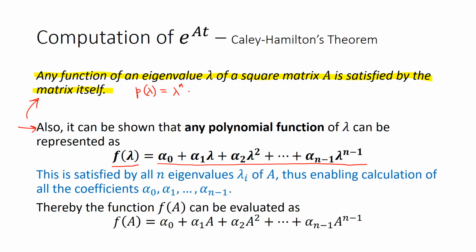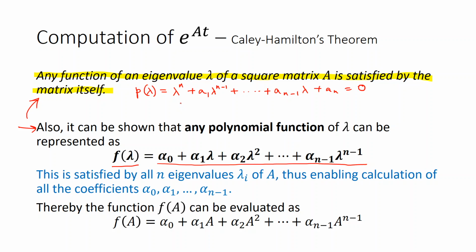How? See, the characteristic polynomial p of lambda is what? It is lambda to the power of n plus a1 lambda to the power of n minus 1, like that it is going on till a n minus 1 lambda plus an equals 0.